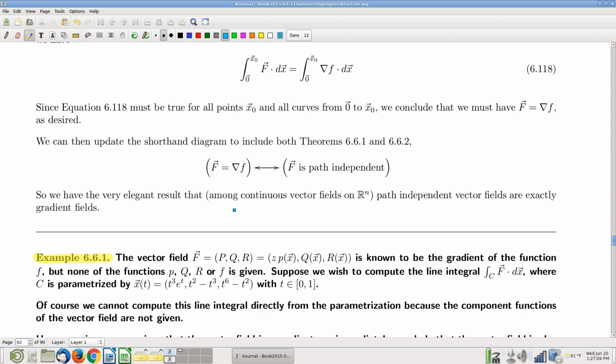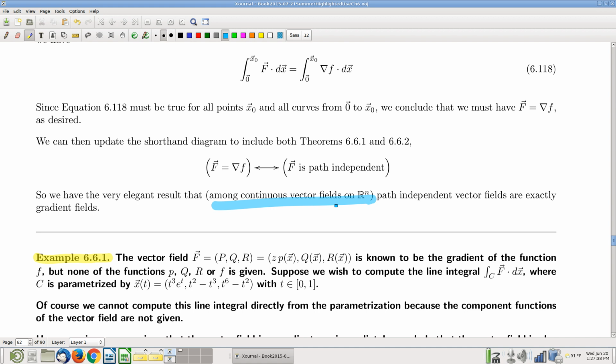So among appropriately regular vector fields. And by the way, this is important. We really have to worry about, you remember how I mentioned that it's the fundamental theorem of calculus. If your function is undefined at a single point, then the fundamental theorem of calculus crashes and burns in a horrifying fire. Right? It does not hold if there is so much as a single point where something weird happens.